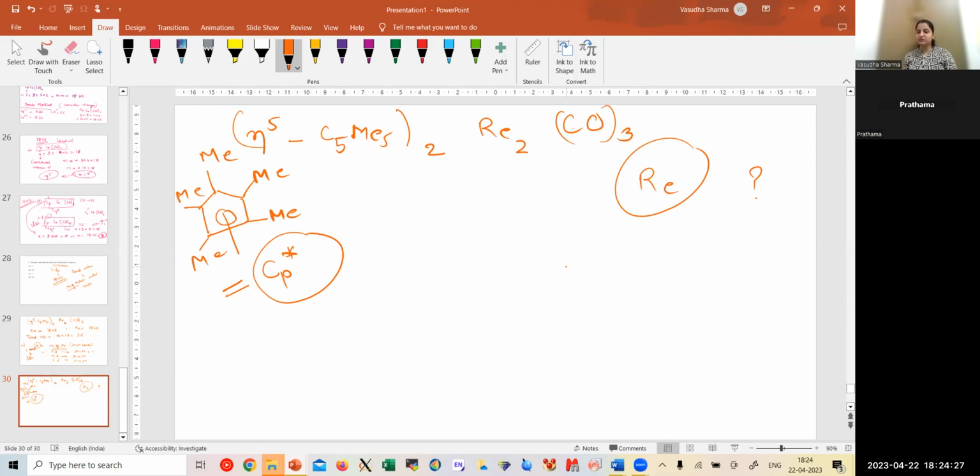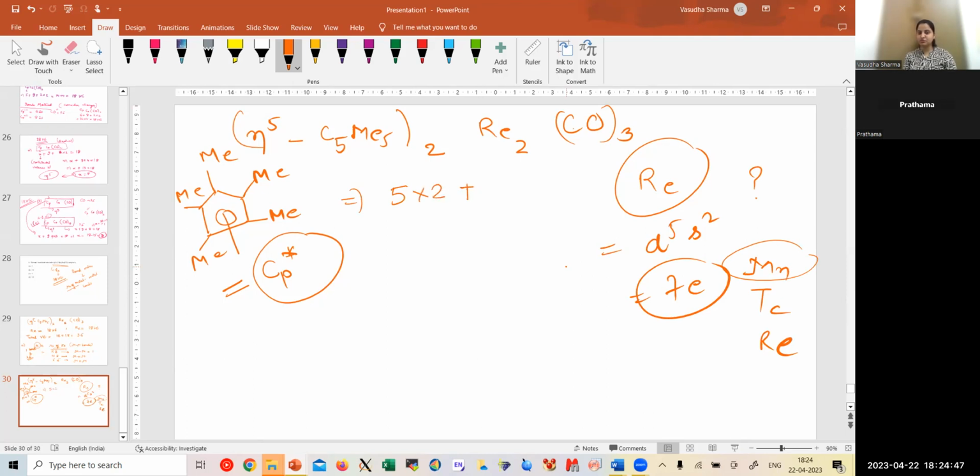Okay, so rhenium comes in the group of manganese, which has valence electrons of d5s2, that means 7. Here, C5Me5 will give 5 electrons, and since 2 are in number, that is 5 into 2. Rhenium is 7 electrons, which is into 2. Carbonyl will give 2 electrons, and there are 3 of them.